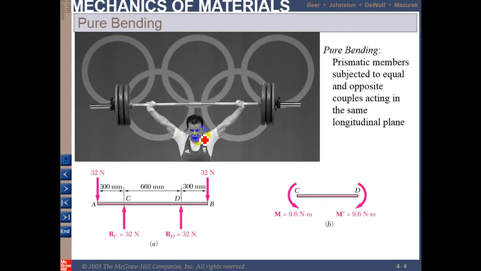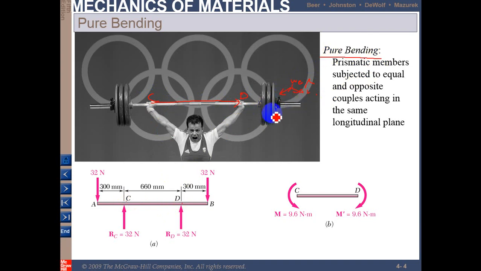Okay, let's have a look at this picture. In this Olympic Games, this guy is lifting the weight bar. At points C and D is where his hand is holding the bar. So from C to D, we say it is experiencing pure bending.